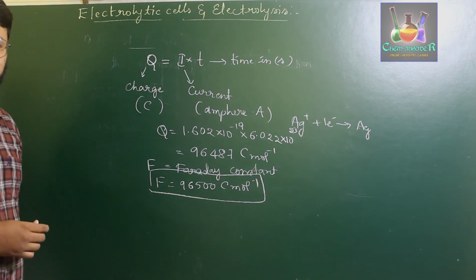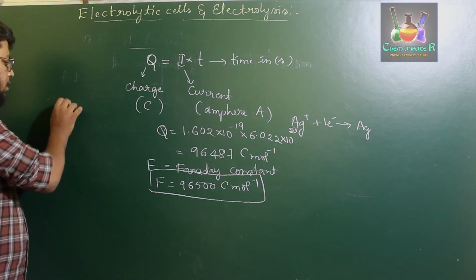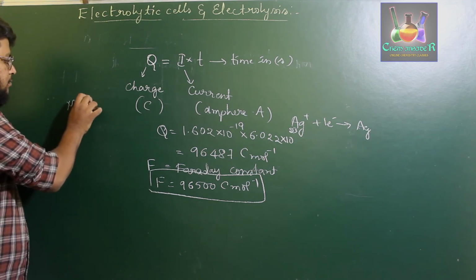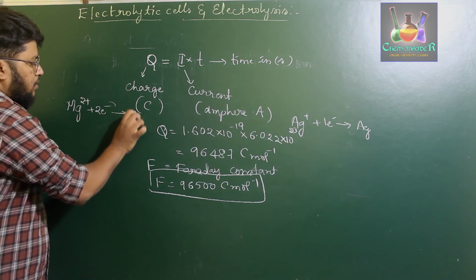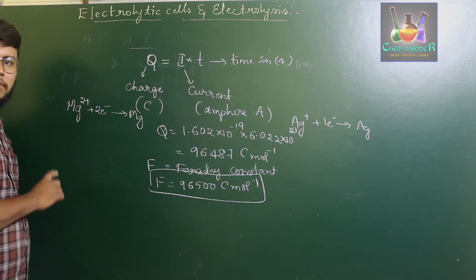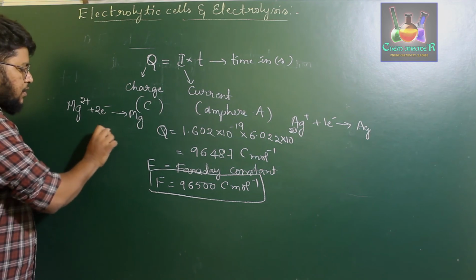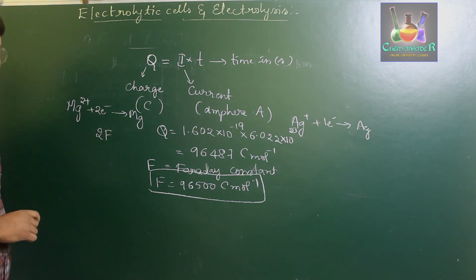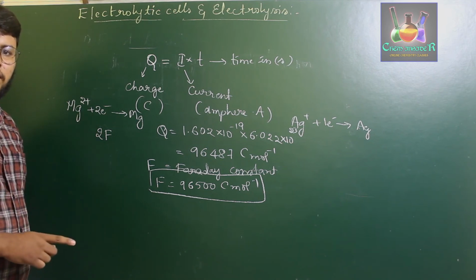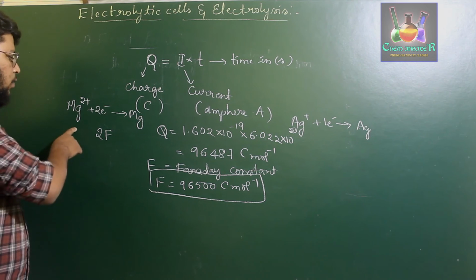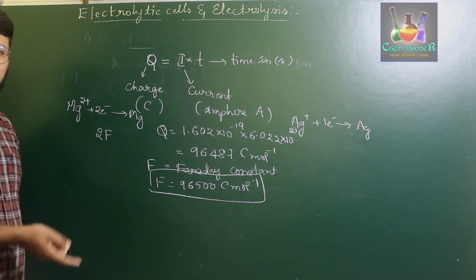So this is the charge which we have to supply in order to liberate 1 mole of ions. If you consider a reaction of Mg2 plus with 2 electrons forming Mg, here Mg requires 2 Faradays of charge. That is because when you supply 2 moles of electrons, then only it can liberate 1 mole of Mg2 plus as Mg.